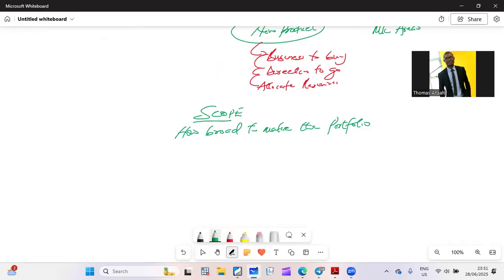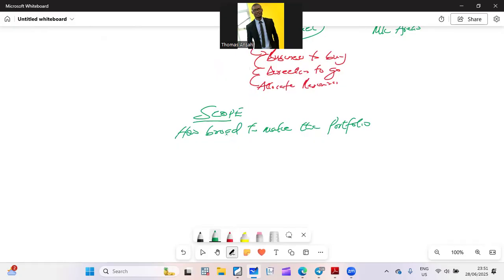I mean, you can do selling, you can do financial markets, right? In terms of diversification, if you remember. So scope is about diversification, how diversified you are.